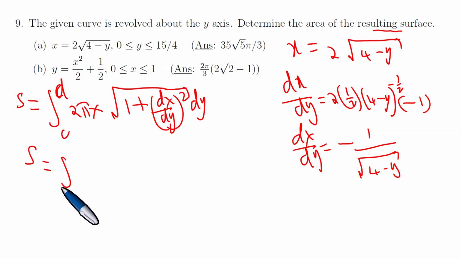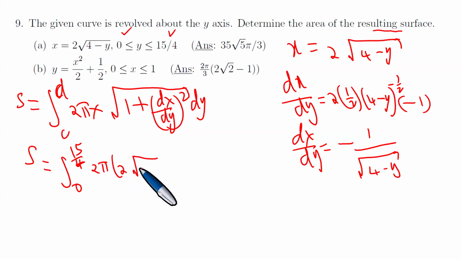Right, so now obviously with dy, y is from 0 to 15 over 4. And then you have 2 pi x. What is x? X is this here: x is 2 times the square root of 4 minus y.